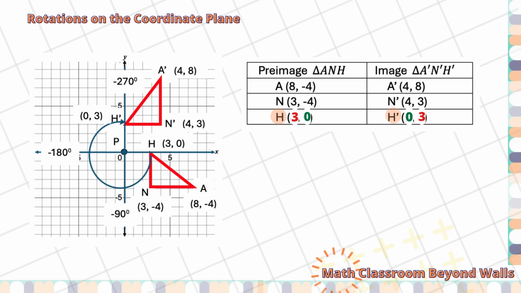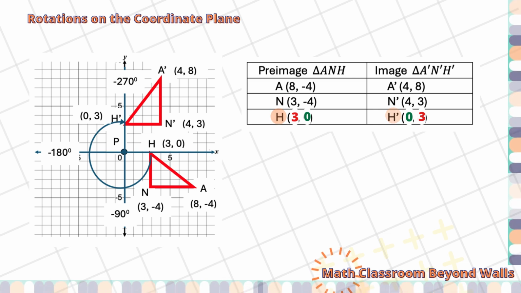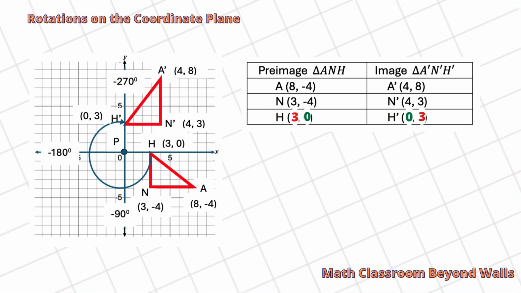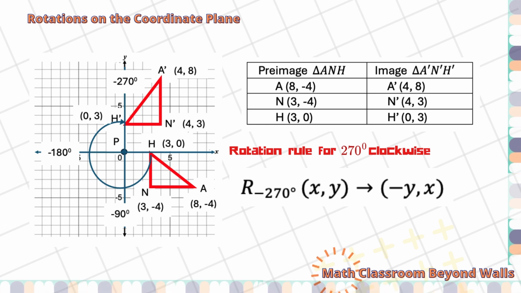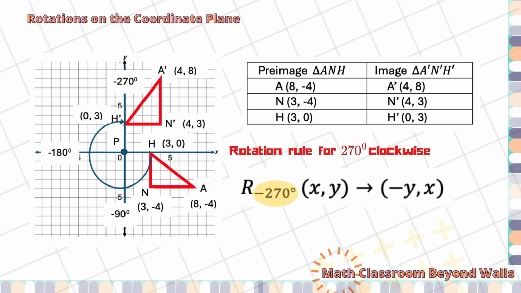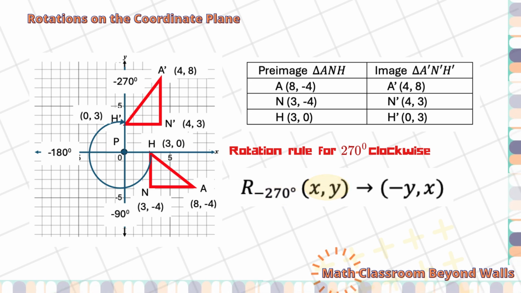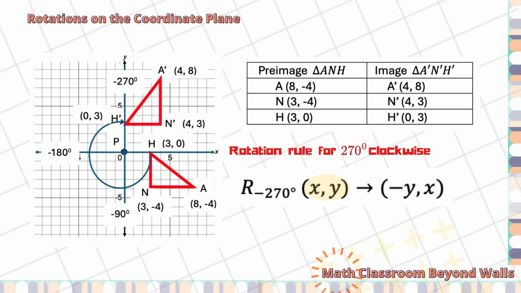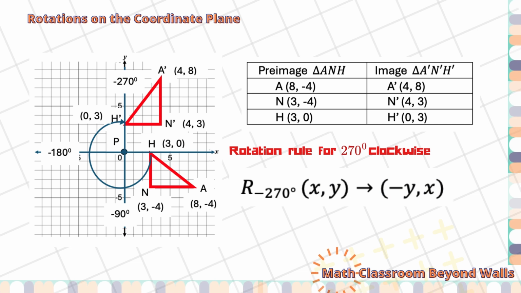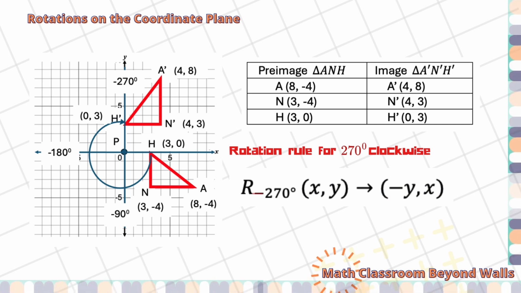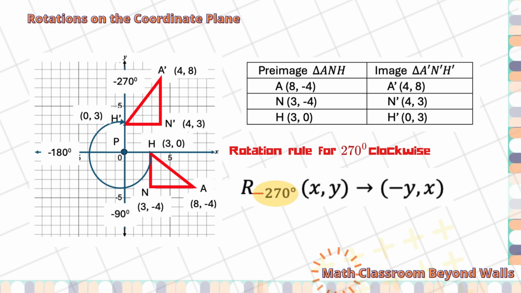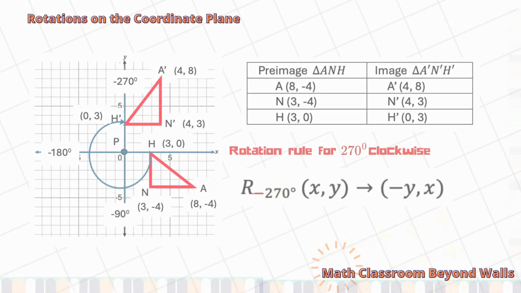From these changes, we can write the transformation rule or the rotation rule for 270 degrees clockwise as. This means that in a 270 degrees clockwise rotation, any point (x, y) on the preimage will be transformed to (-y, x) on the image. Do not forget this, learners. The negative sign just before the angle measure indicates that the rotation is clockwise.